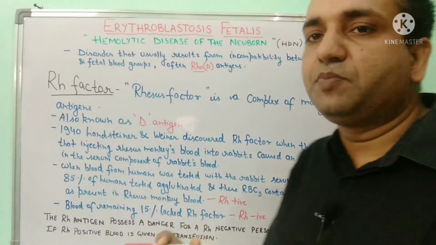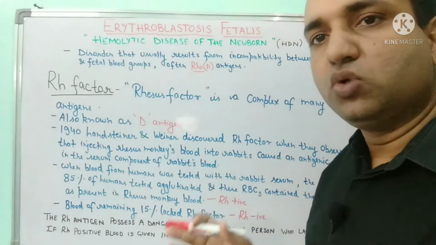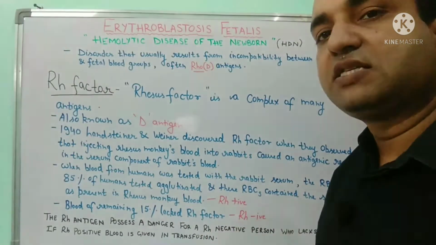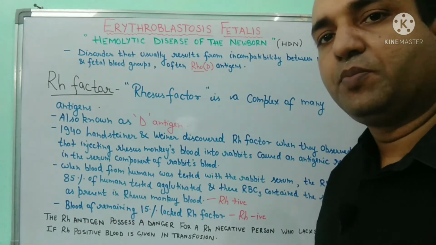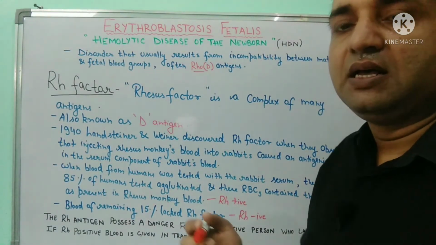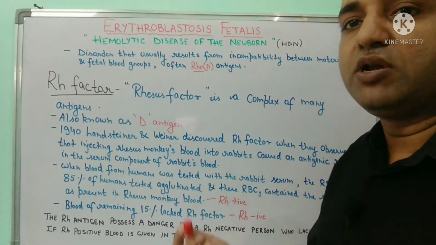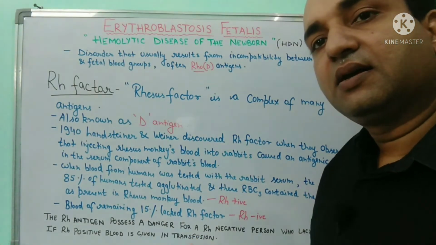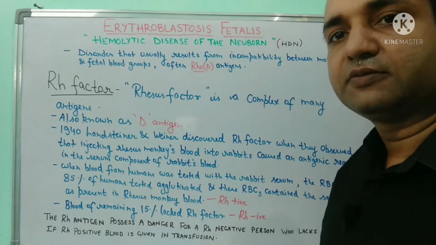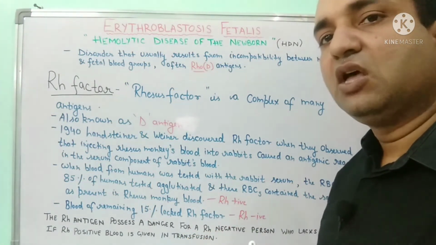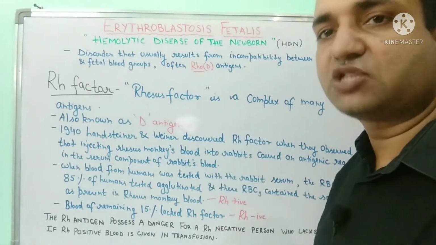This sometimes becomes a dangerous situation, because the body of the Rh negative person makes antibodies against the Rh factor antigens present in the donor's blood. This situation becomes fatal sometimes, and this is what happens in the case of erythroblastosis.